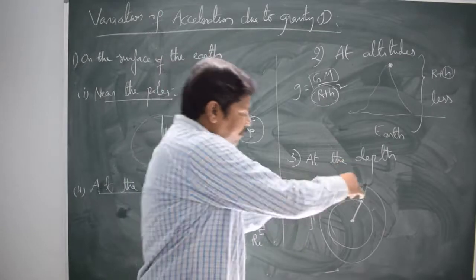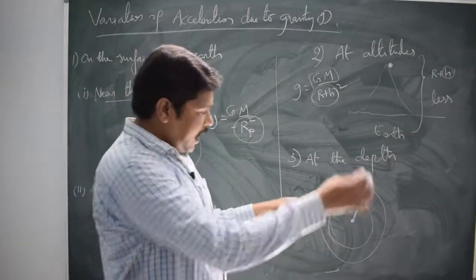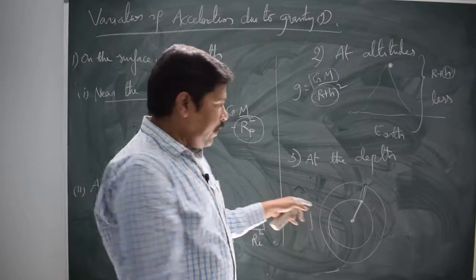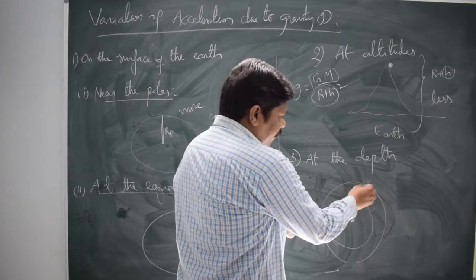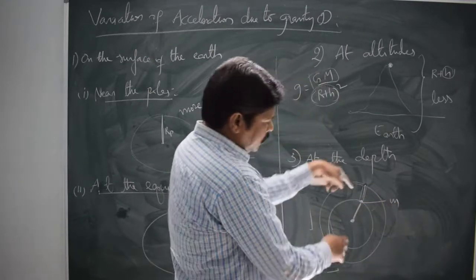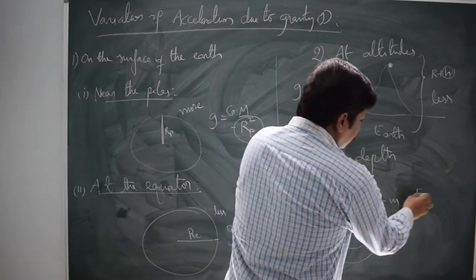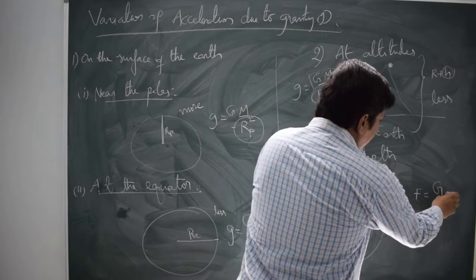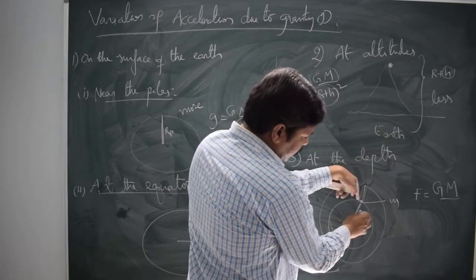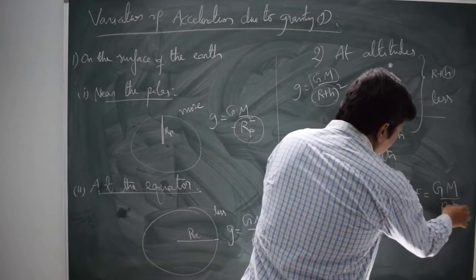Now, when we are going to depth, we have to be very careful. Though there are equations to solve, right now I'll explain based on the concept. When we are going into depth, I have dug a hole and taken the object here. Now the object is here. When we check, what we find is F equals GM by this small distance, I'll take this RD, that small distance squared.